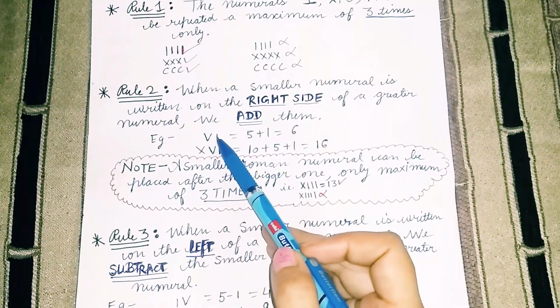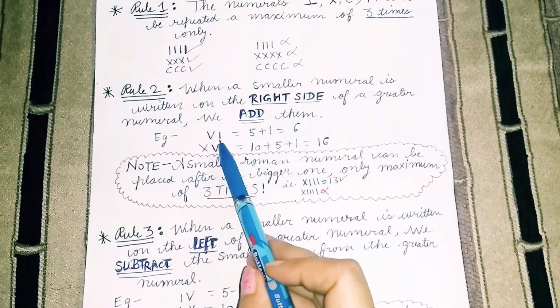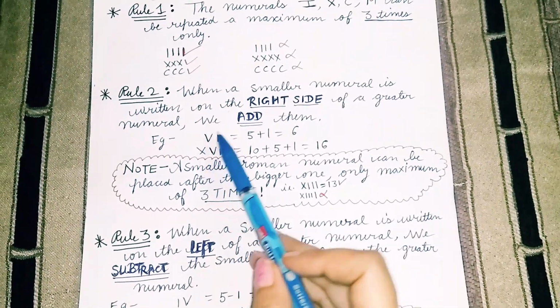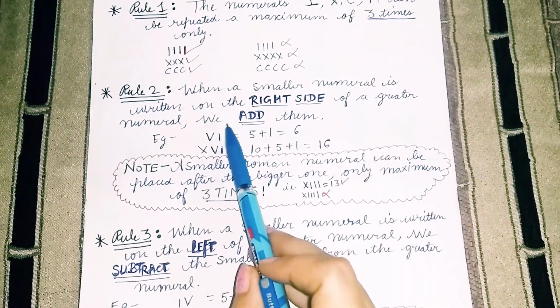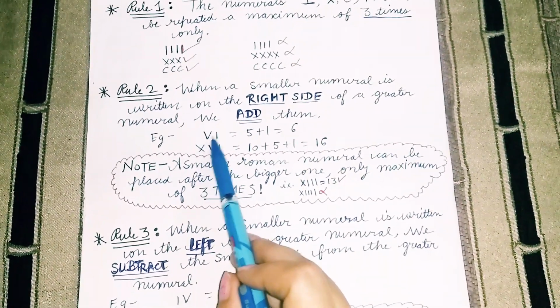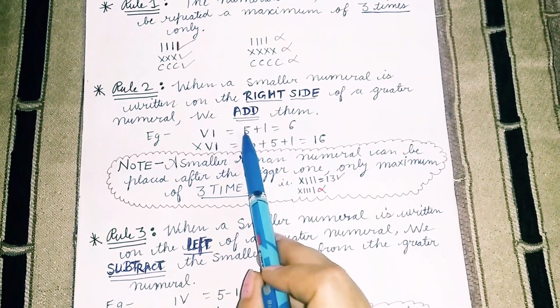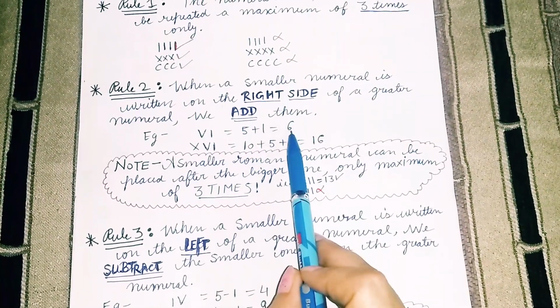What is the value of I? It is 1. So you can see the symbol I is having a smaller value than symbol V, and it is written on the right side of this greater symbol. That means you will add the values of both these symbols. The value of V is 5 and value of I is 1. So 5 plus 1 will become 6.